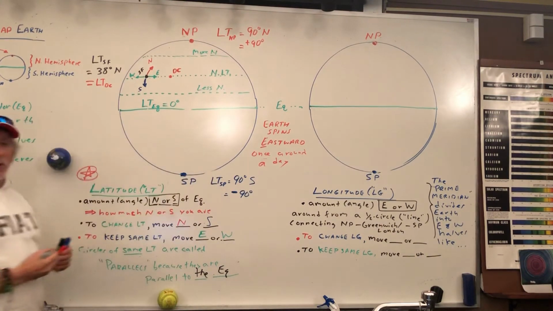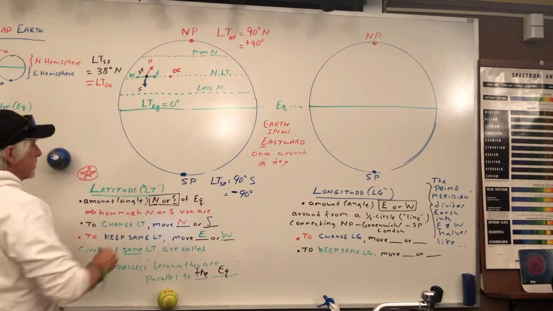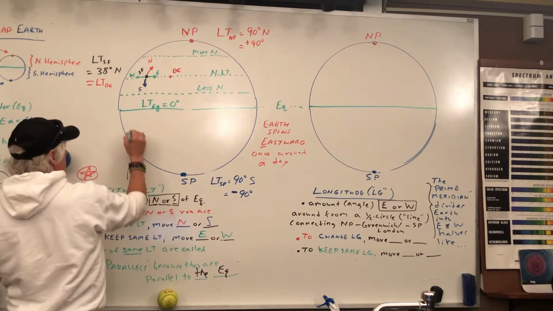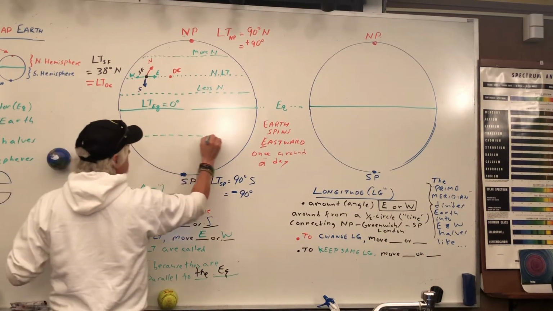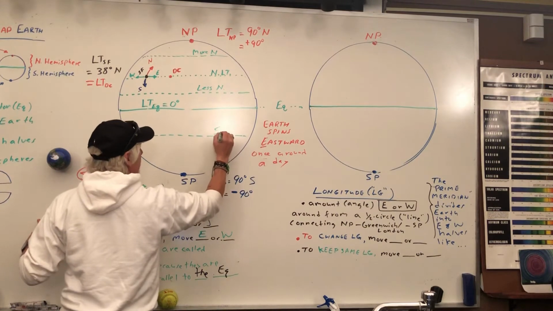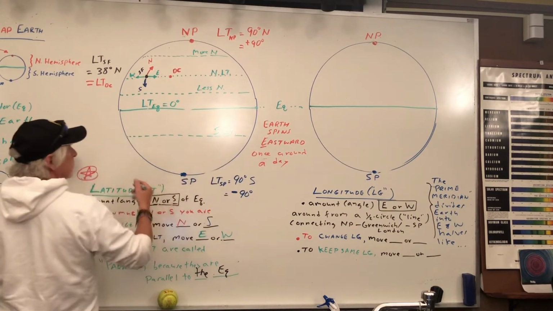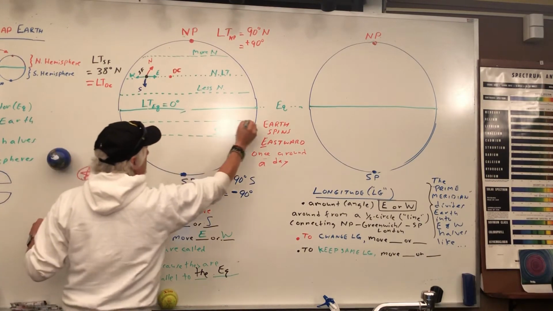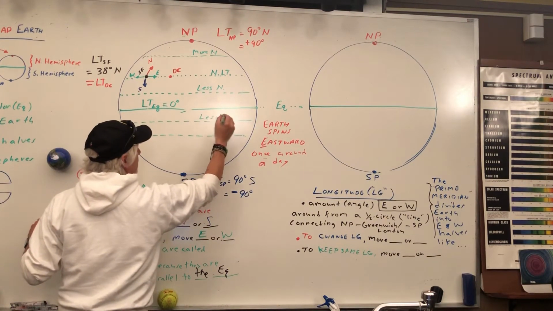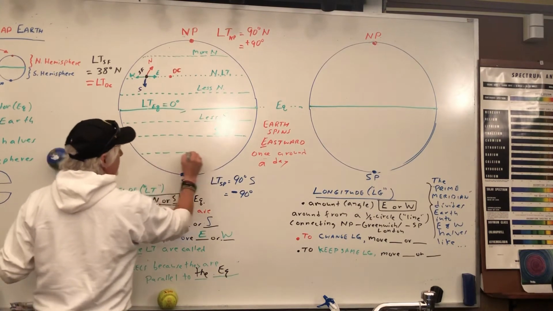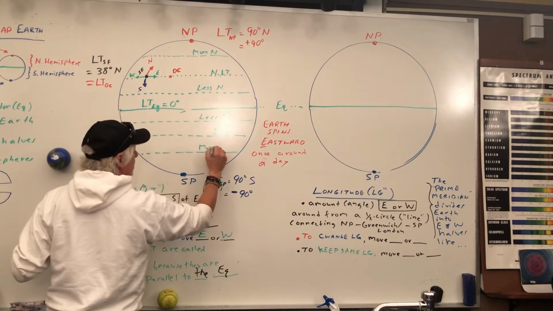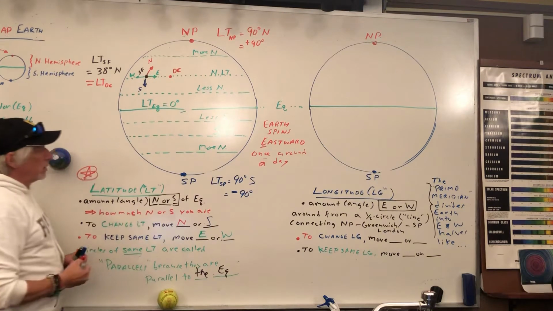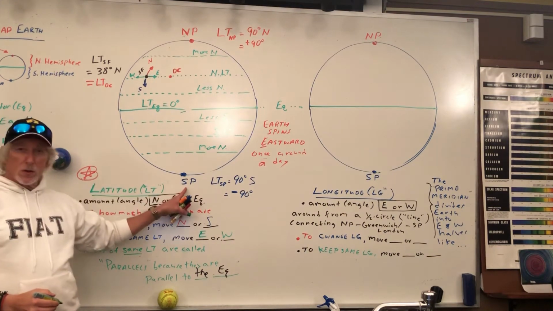more north. So if I want to draw all the places with the same latitude, I can go down here and I can say, hey, and we're going to do this, a south latitude, that's a south latitude, whatever angle that is. This is going to be less south, and this, of course, is going to be more north, and the most north we can get here.